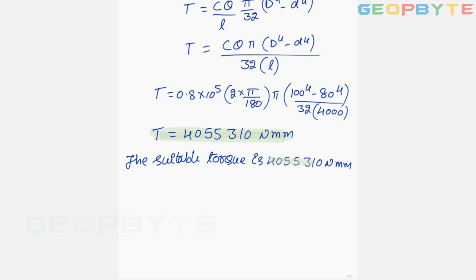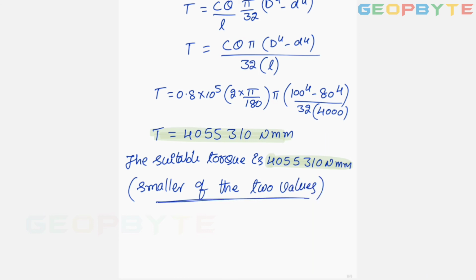That is the smaller of the two values. That is how you can decide the suitable torque for the shaft.